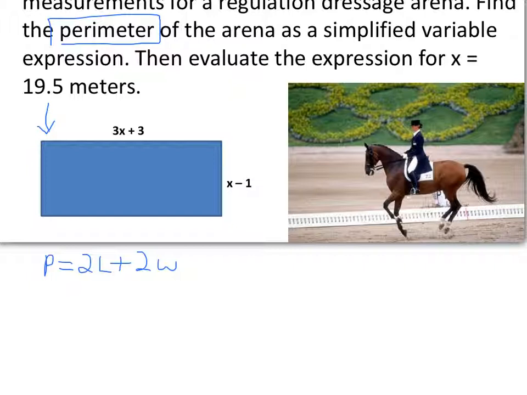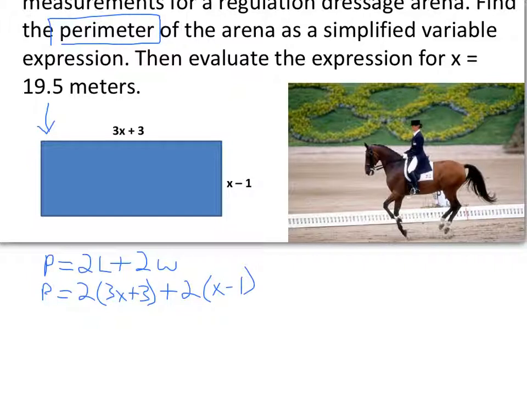And if our length is 3x plus 3, we're going to write 2 times 3x plus 3 for our length, plus 2 times our width, which is going to be x minus 1. So now we've set up our expression, and we need to simplify it.